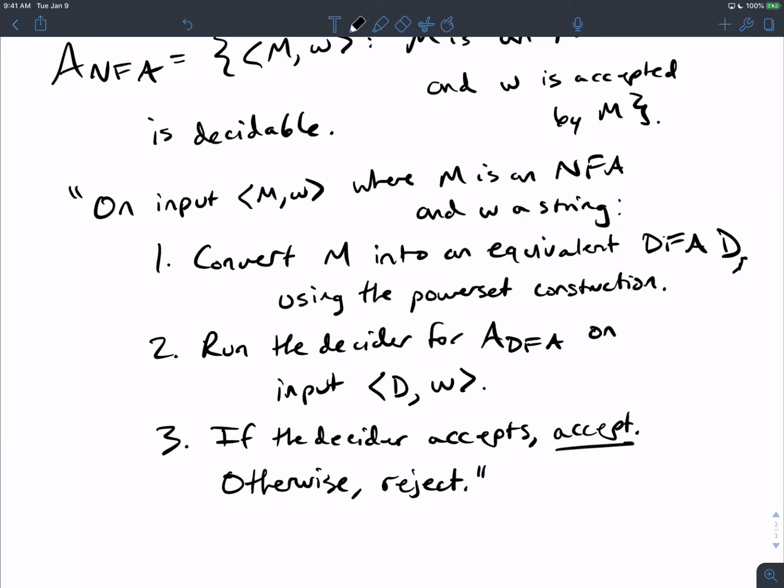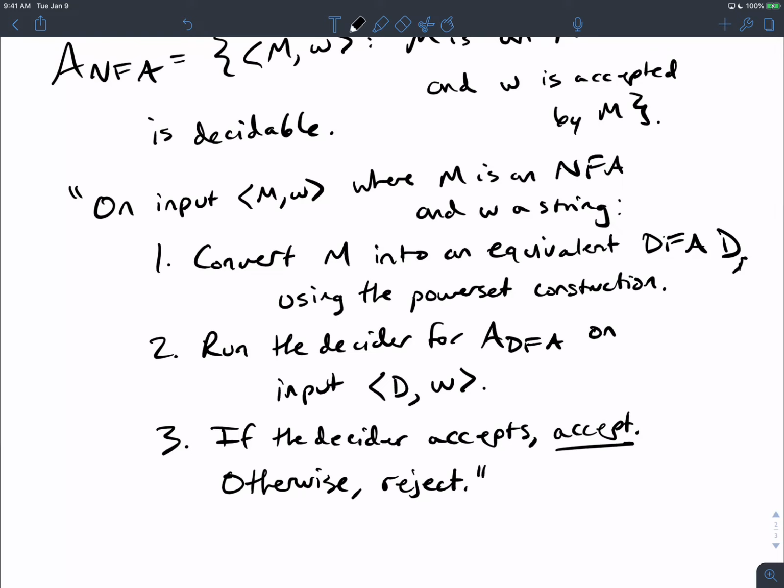What about step 2? Does it halt in a finite amount of time? Yeah, because we're assuming there's a decider for ADFA, which always halts. And then step 3, of course, takes a finite amount of time too. So therefore, this whole machine takes a finite amount of time. And then therefore, our decidable claim is actually good.